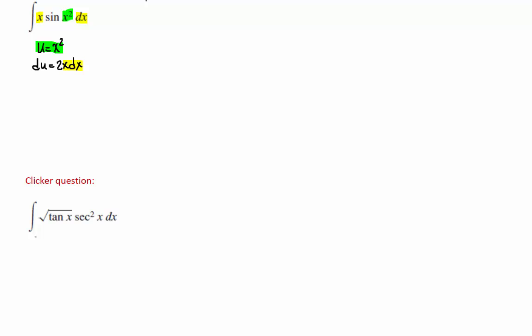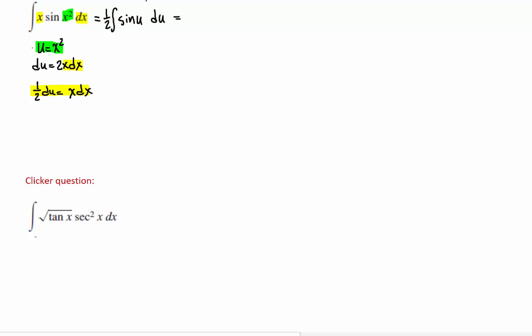So it seems like we have a sine of u, and we want to get rid of this 2. So we multiply times 1/2, and we get x dx, and now I have exactly what I wanted in yellow, and the sine of course just stays like that, and this becomes 1/2 of du for the yellow, and for the green it'll be sine of u.